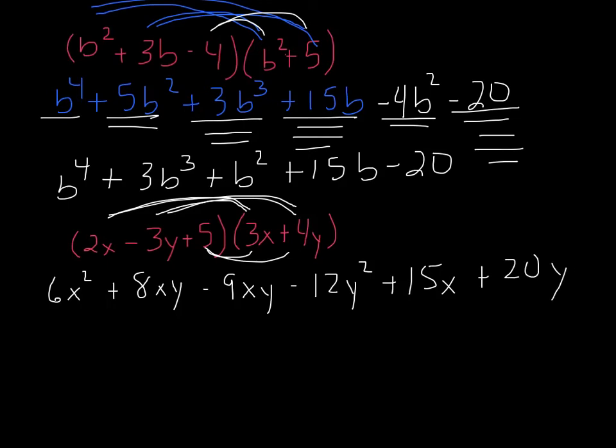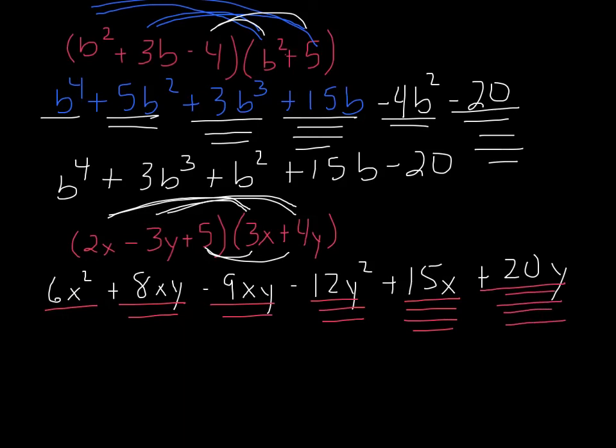Alright, lots of different terms here. So there's only one x squared. There's two xy's. There's one y squared. There is one x, and there is one y. So we got 6x squared.